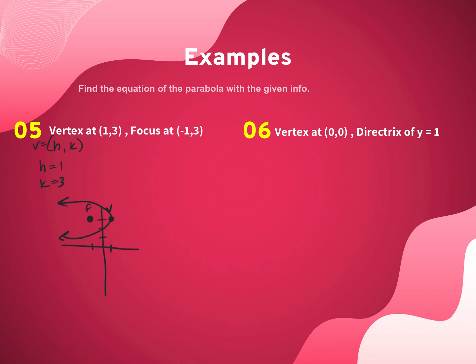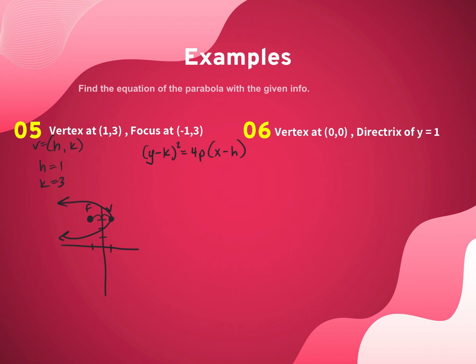So this is a y squared graph, right? So this is going to be my y minus k squared equals 4p times x minus h. Now, again, my focus is located there. I can count and figure out how many units away it is.